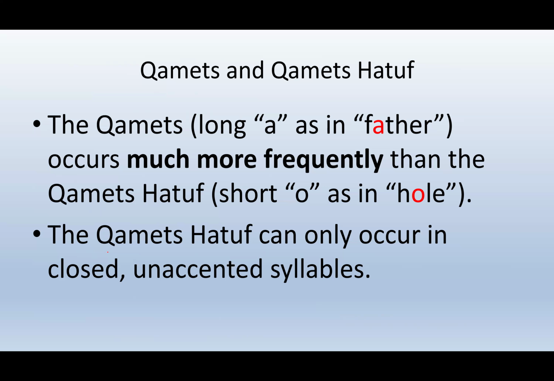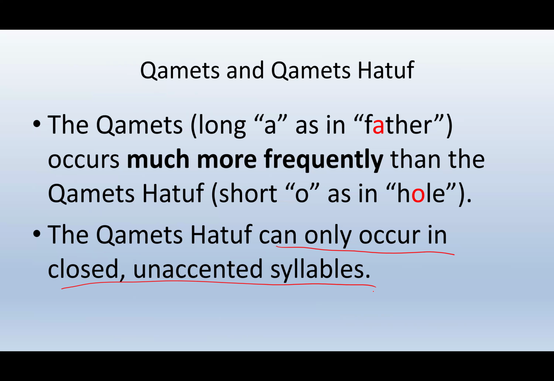The kametz hatuf can only occur in closed, unaccented syllables. That's the only time that you'll get a kametz hatuf. And in fact, not every closed, unaccented syllable is going to be one, and I'll show you how we can tell those two. But that's the first rule.